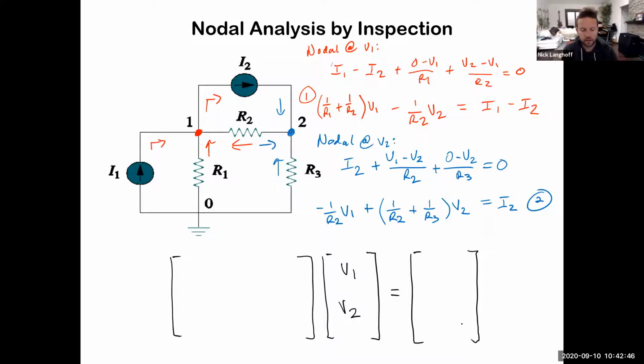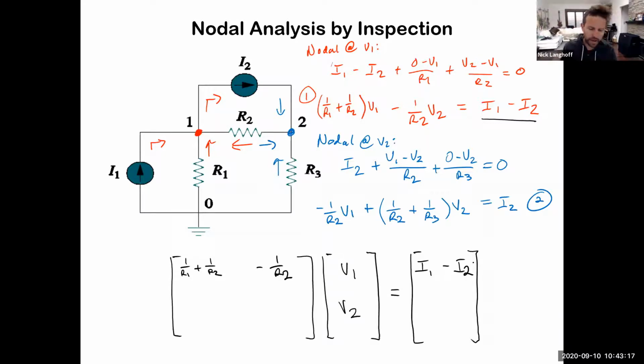Equation 1 says on V1 there's a 1 over R1 plus 1 over R2 coefficient. And on V2, there's a negative 1 over R2 term. And all of that is equal to the difference between I1 and I2. Isn't that interesting? It's all equal to the sum of the currents in and out of the junction.